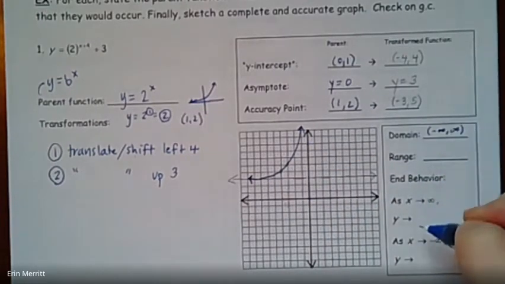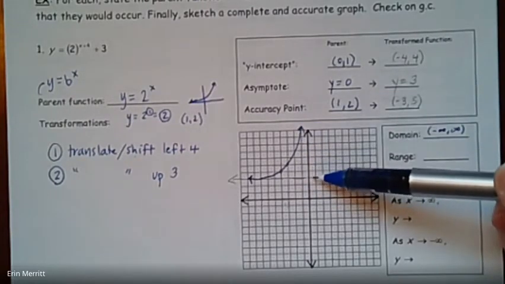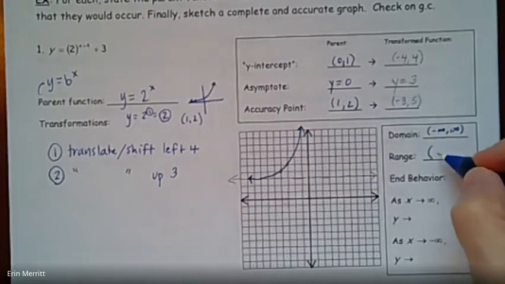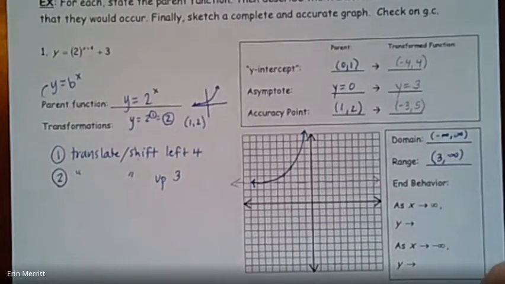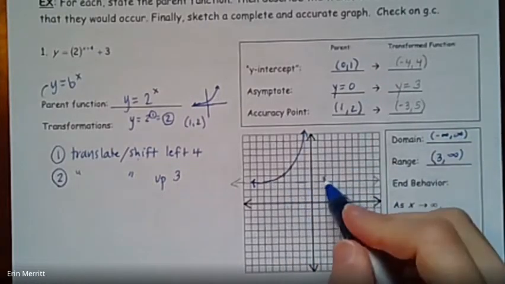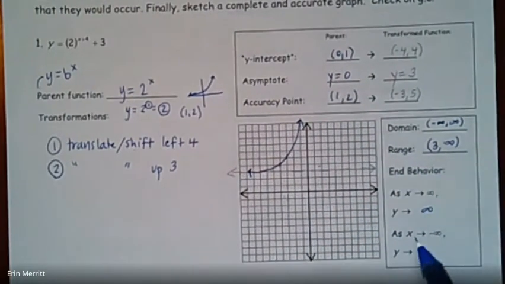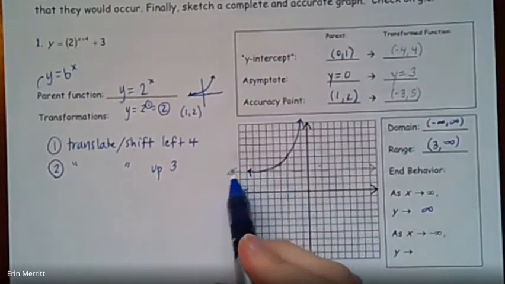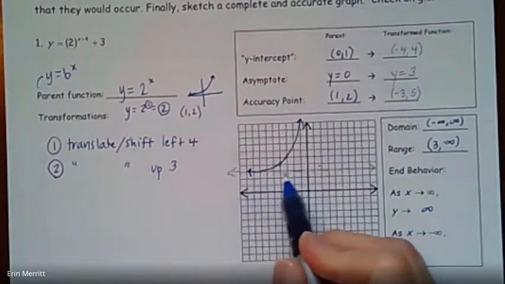The range, when I think bottom to top, well, it bottoms out here at 3, but it never hits 3. So it's a parenthesis on up to infinity. For the end behavior, as x goes to infinity, so as I look to the right on the graph, it shoots on up to +infinity. As x goes to -infinity, so as I go to the left, the graph approaches 3 itself.